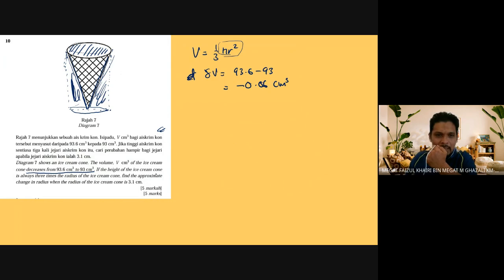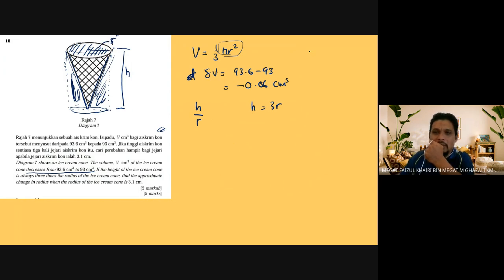Okay, so now the height of the ice cream cone is always 3 times the radius. The ratio between the height and the radius is always 3 times the radius. So the height of the cone is always 3 times r.